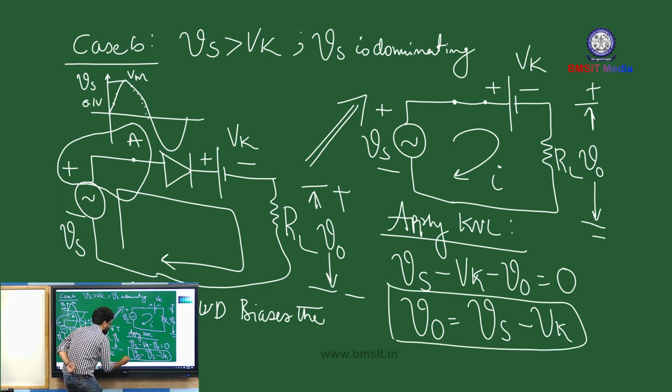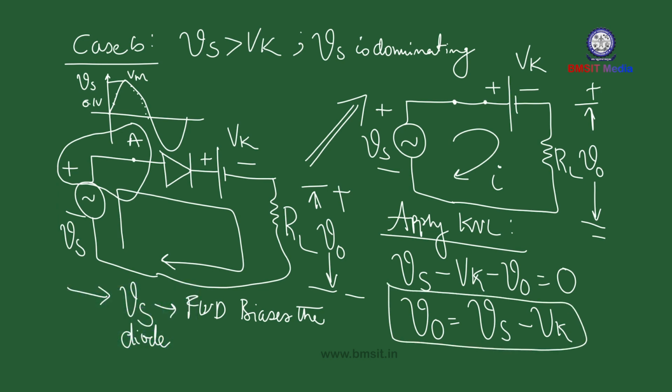Okay. So what you have to understand over here is that in case of ideal diode analysis, for the positive half cycle, we had obtained V0 is equal to Vs. On the other hand, for a practical diode model, we have obtained V0 is equal to Vs minus Vk. And so what is happening is this barrier potential is slightly limiting the output voltage. Okay.